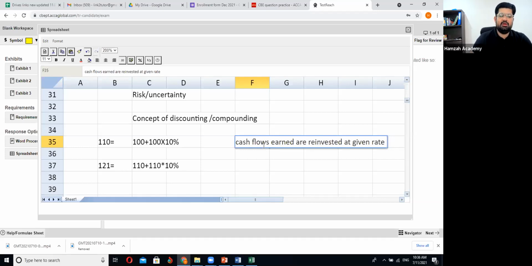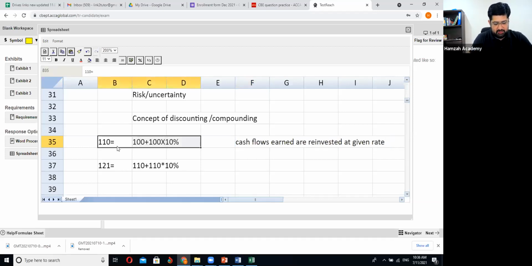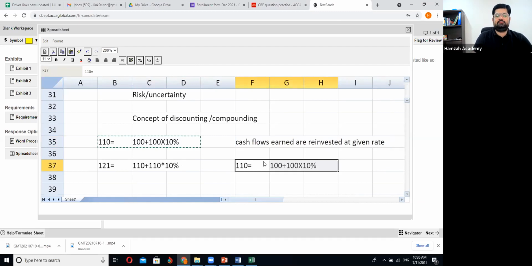Now, students, let us learn one more thing from this. Just see here. This is 100 and this is the second amount.